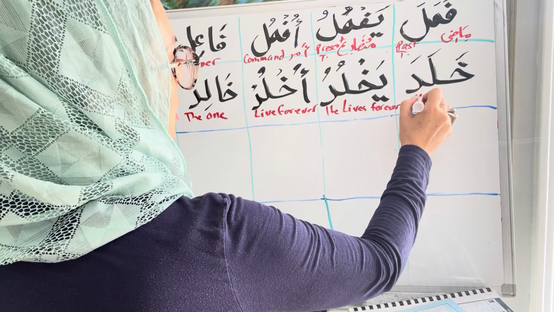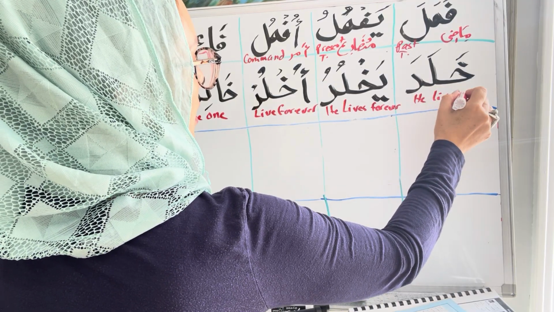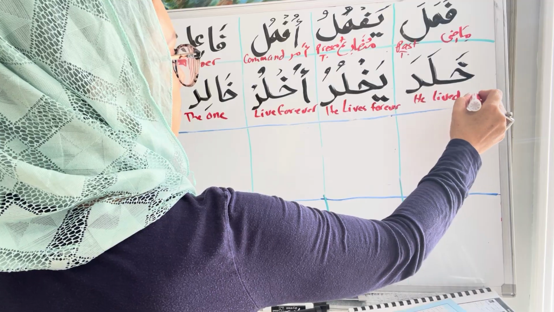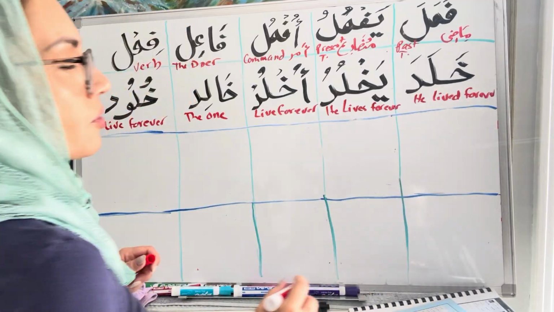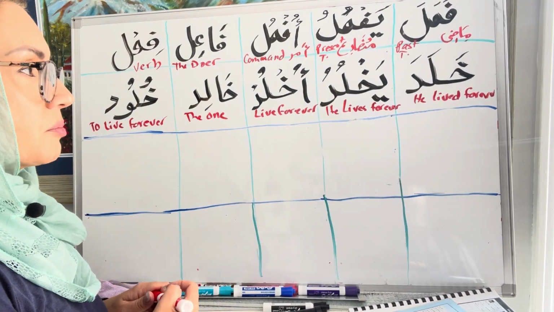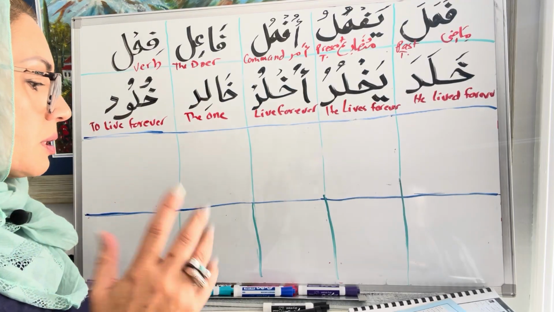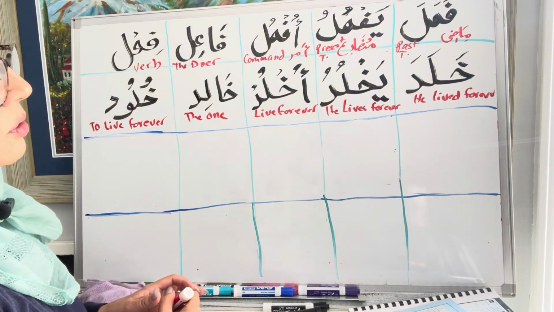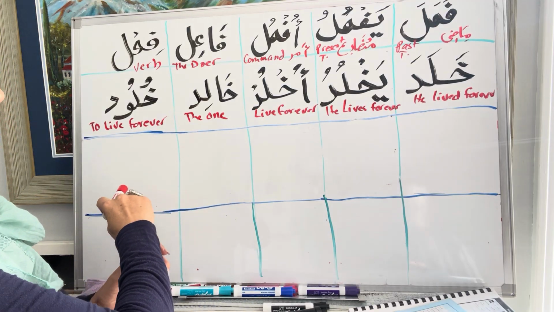And then he lived. Okay, of course, no one lives forever, but this could be used in different contexts. So we have to please keep that in mind. All right, so khalada, yakhludu, ukhlud, khalid, and then khulud.